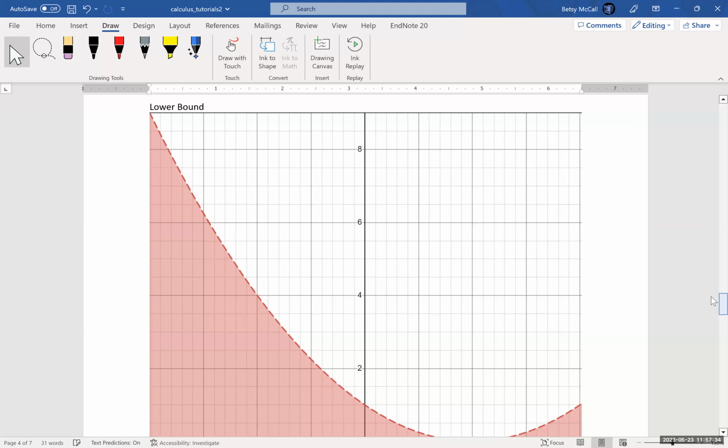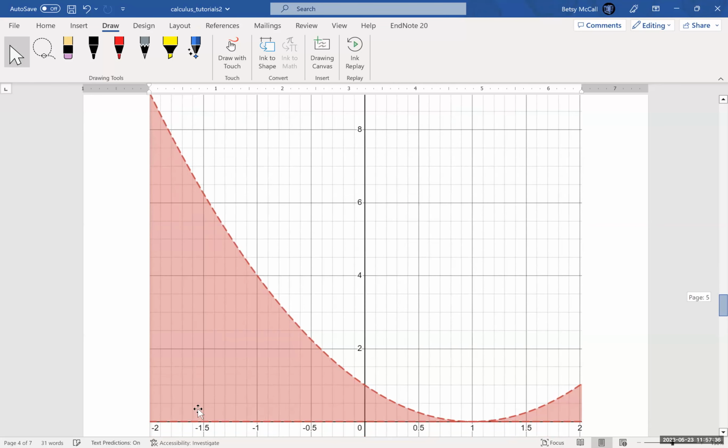So in the lower bound case, you're always going to take the lower end of the rectangle. So in this example, on the left side, we're always going to take the right hand. You go up from the right-hand side. That's the lower bound of the area.